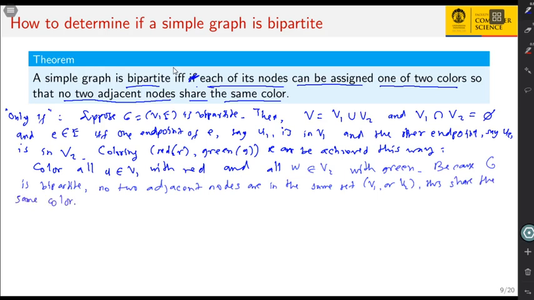So we've shown that if G is bipartite, then we could assign colors to the nodes so that no two adjacent nodes share the same color.